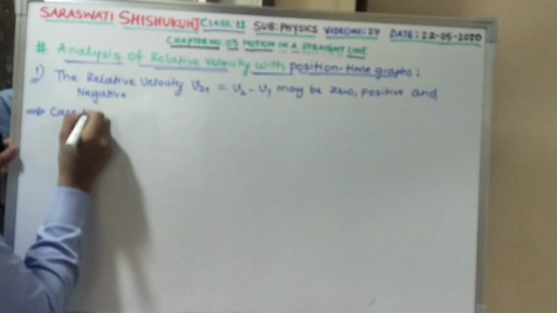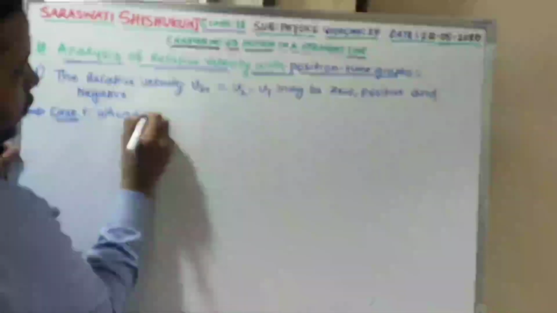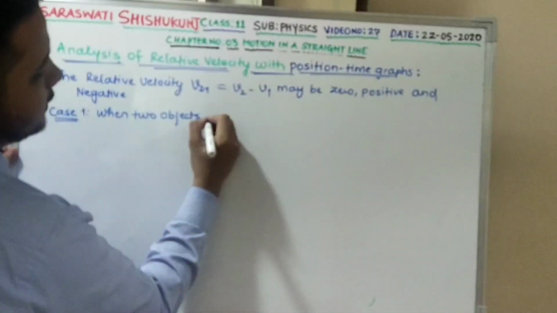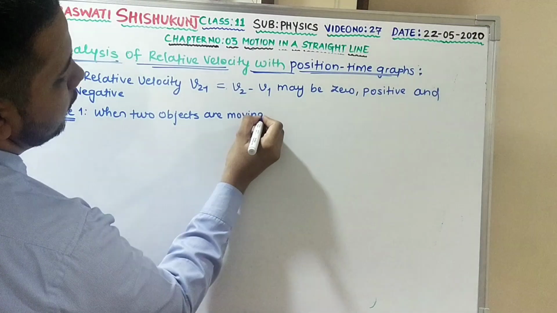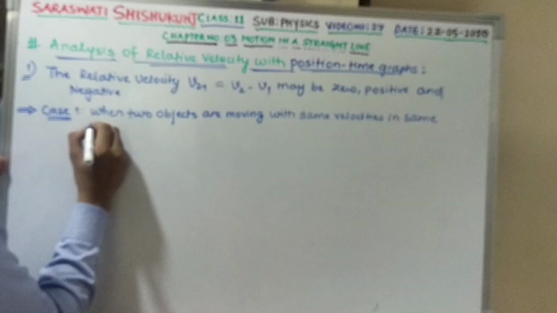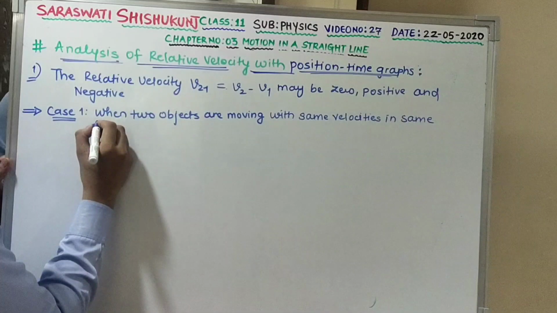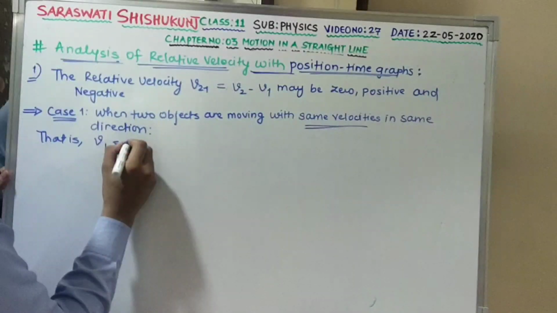Now the very first case, case 1, when two objects are moving with the same velocities in the same direction. Clear?